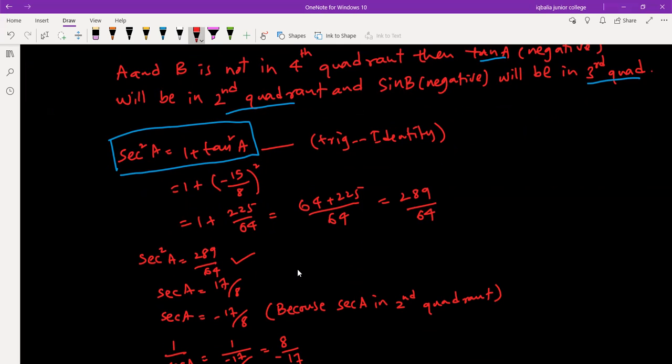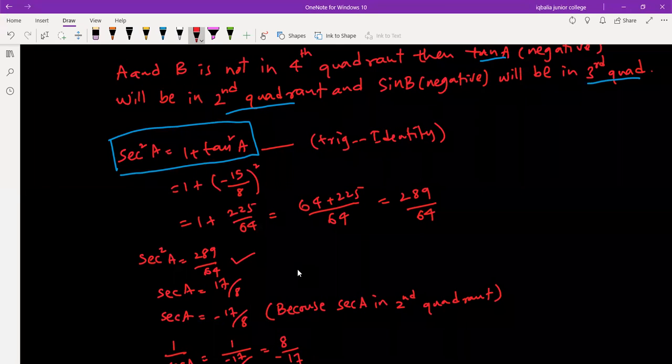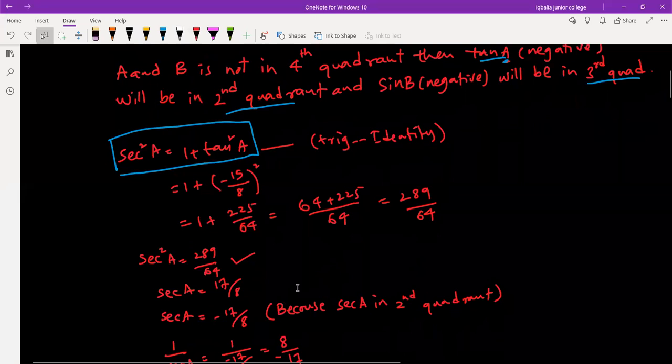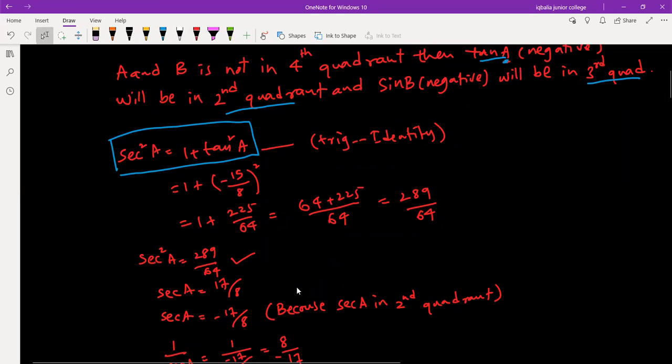Sec square A is nothing but 289 by 64, and if I take the square root, then I will get sec A is equal to 17 by 8. Okay, now since the condition is given that A is in second quadrant, sec will be negative in second quadrant, that's why we are taking minus here.